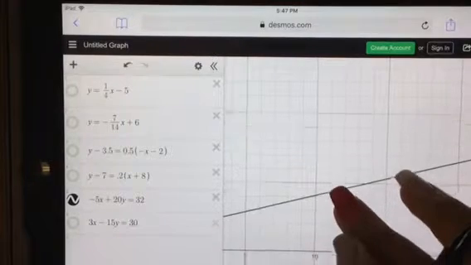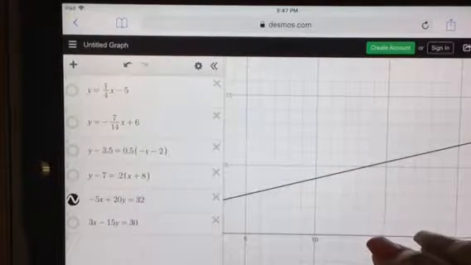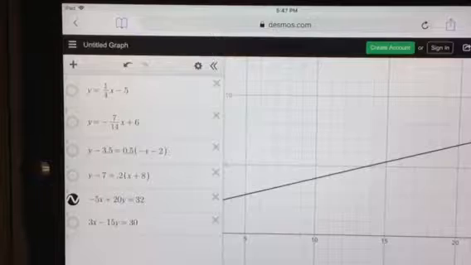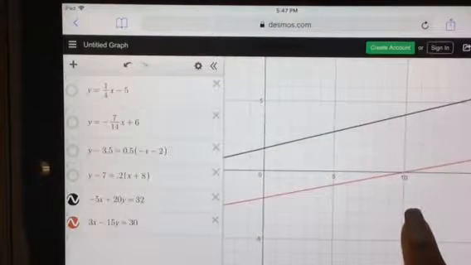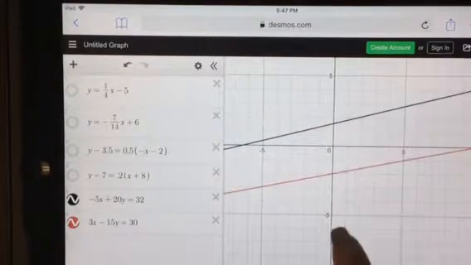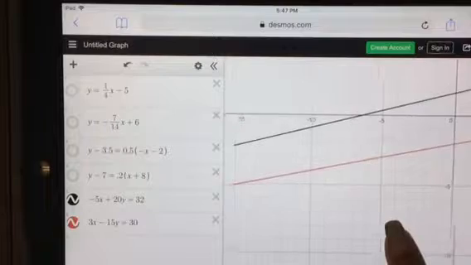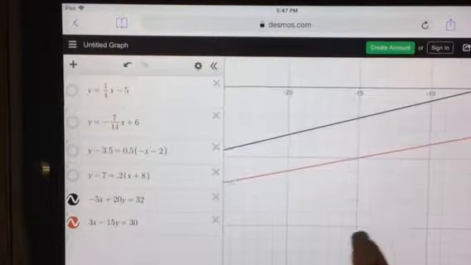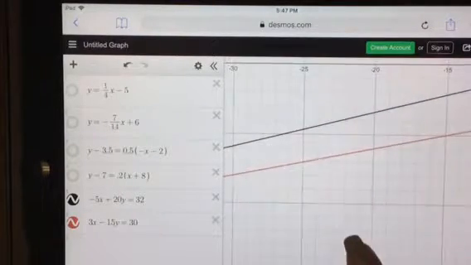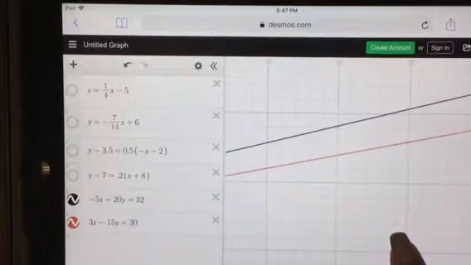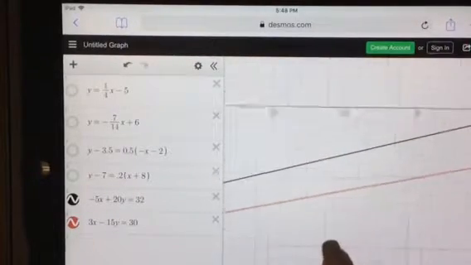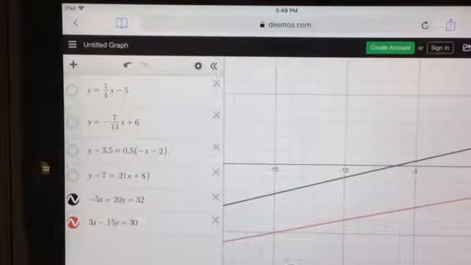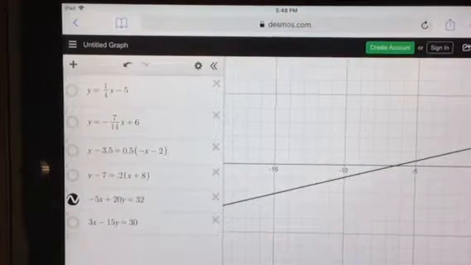So I can't tell what the slope is there, but I'm going to go to the next line and see if it's parallel. It looks parallel, but look, as I keep moving down the graph, doesn't it look like it's getting closer and closer to each other? So these are not parallel. I got to figure out what it's parallel to. So I'm going to get rid of it. Look at that black line.